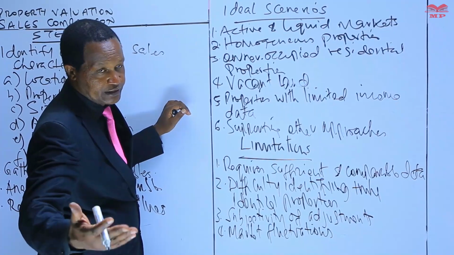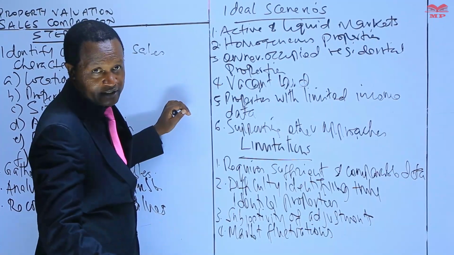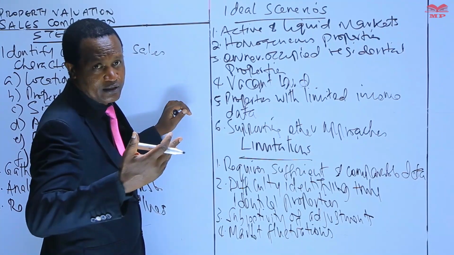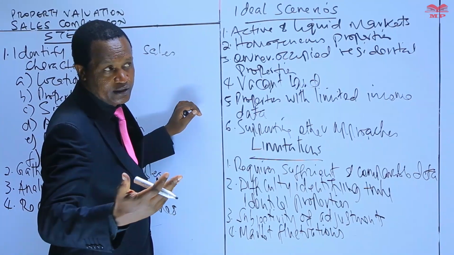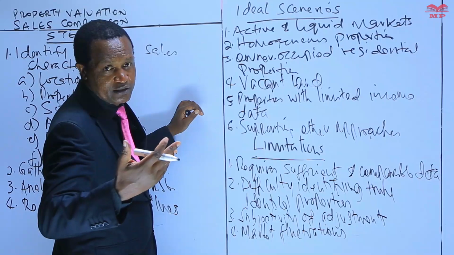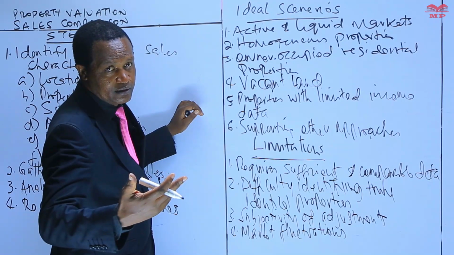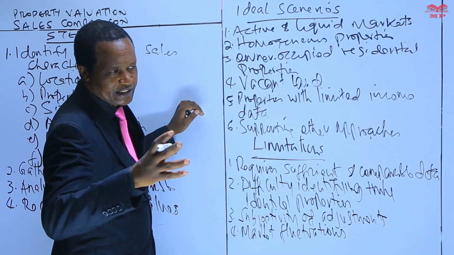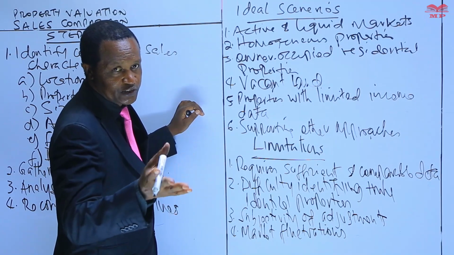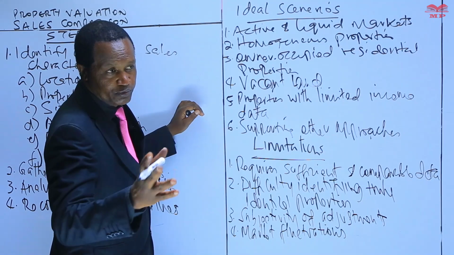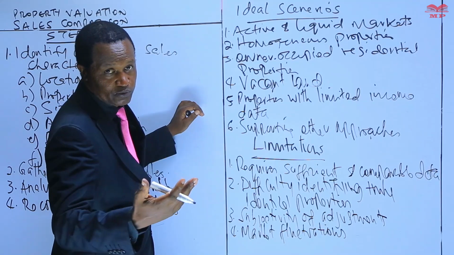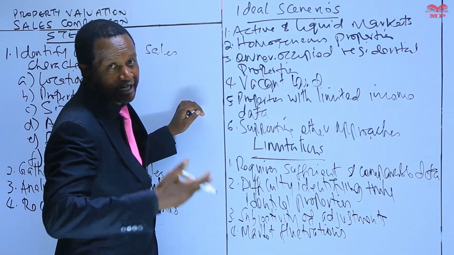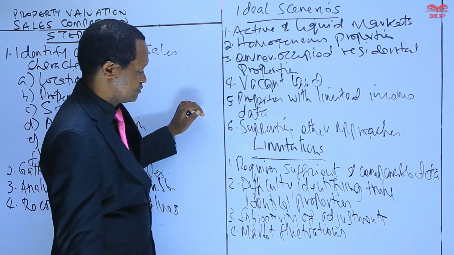And in rapidly changing markets, we are talking about markets that may experience significant variations or changes. They could be appreciations or even depreciation. The sales data may not accurately reflect current market values.